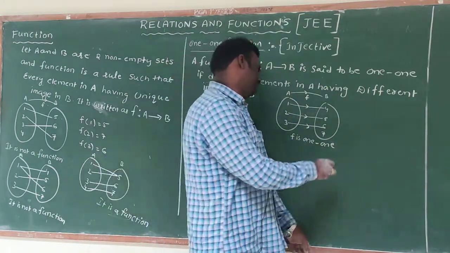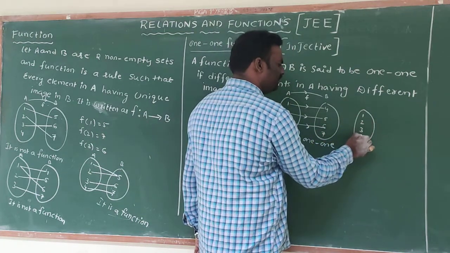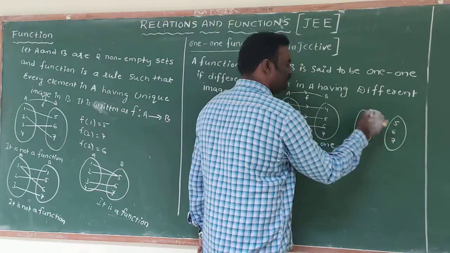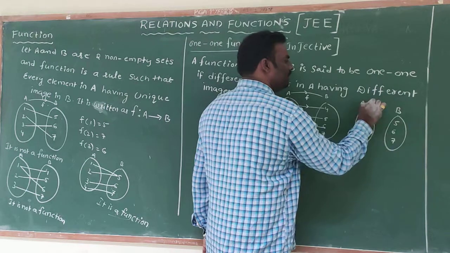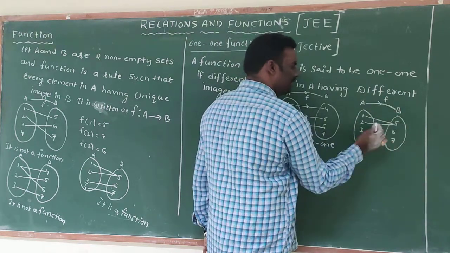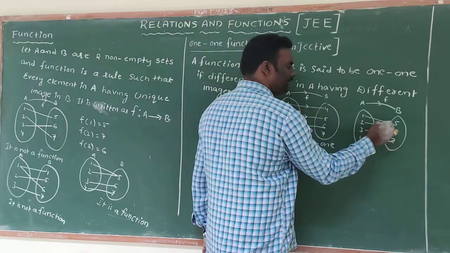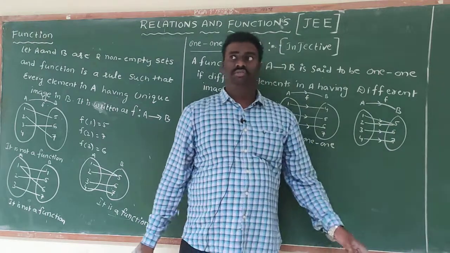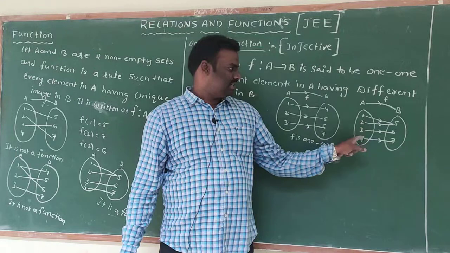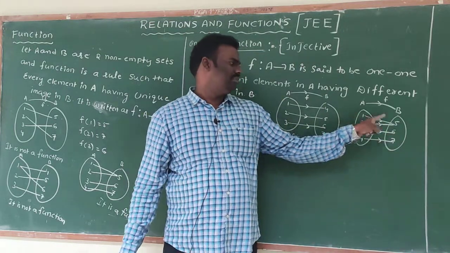Coming to the next. 1, 2, 3, 4 is A, and 5, 6, 7 is B. 1 is related to 5, 2 is related to 5, 3 is related to 6, 4 is related to 7. First, you need to verify it is a function. Yes. Every element in set A has one and only one image in set B. What is the image of 1? 5.